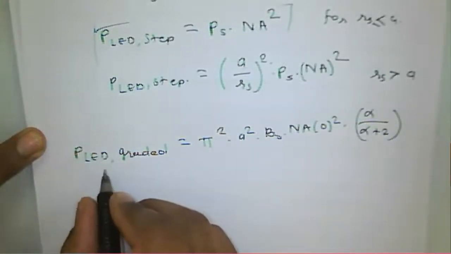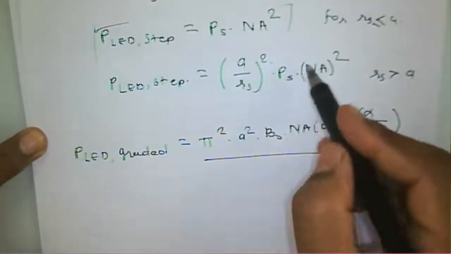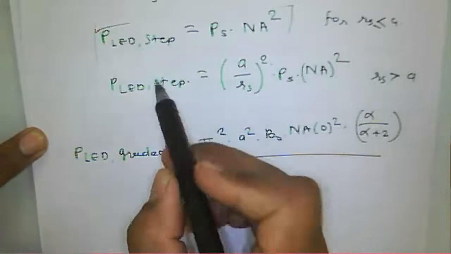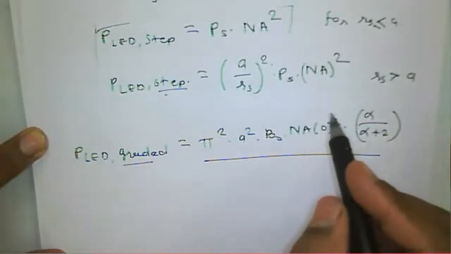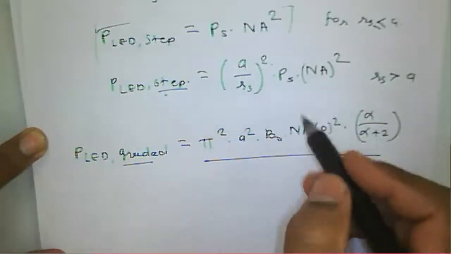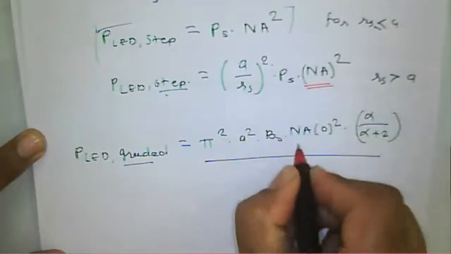So this is your power in the LED. Now, if you compare these two equations, whether it is a step index fiber or a graded index fiber, in all these equations the common factor is the numerical aperture.